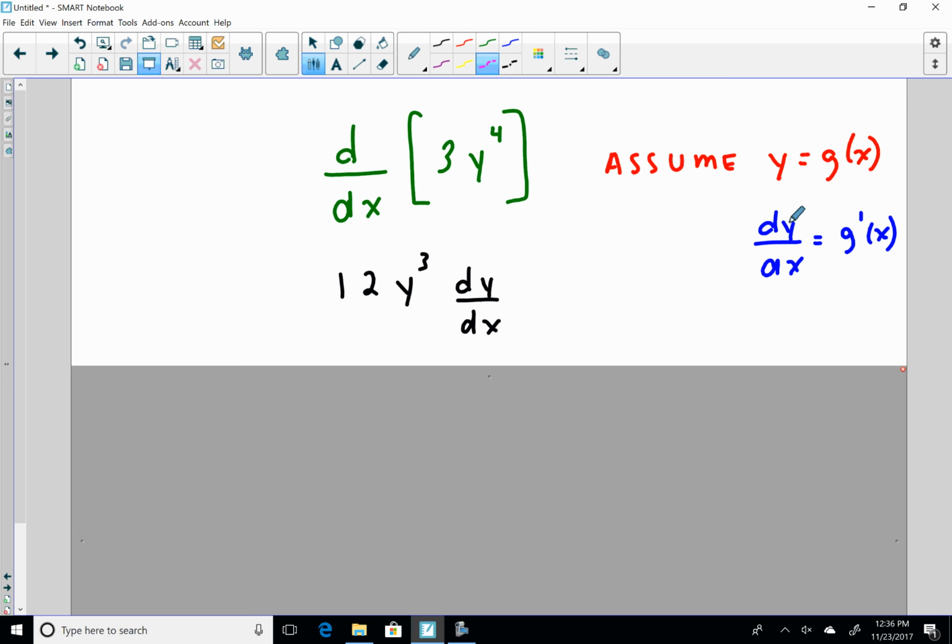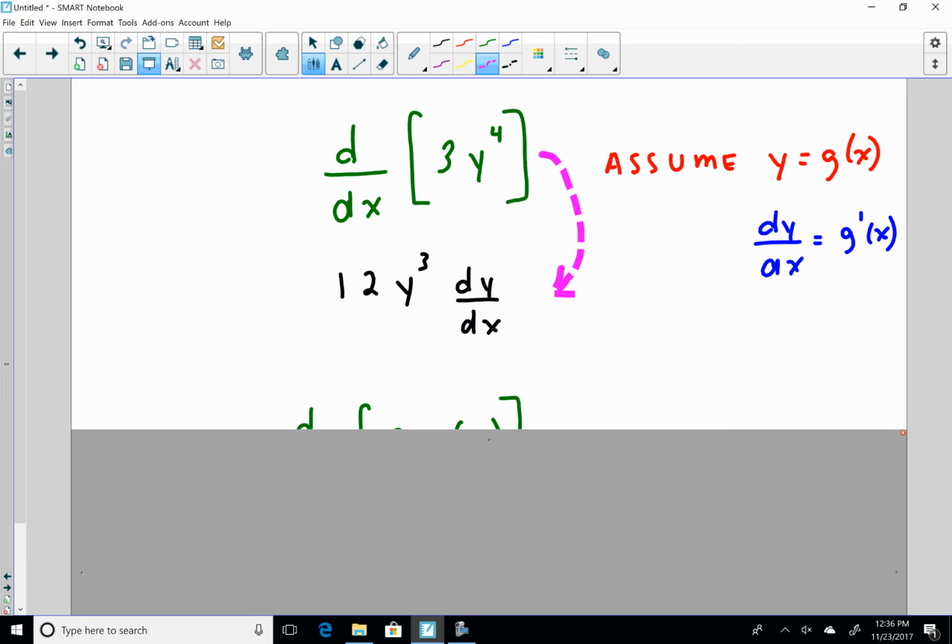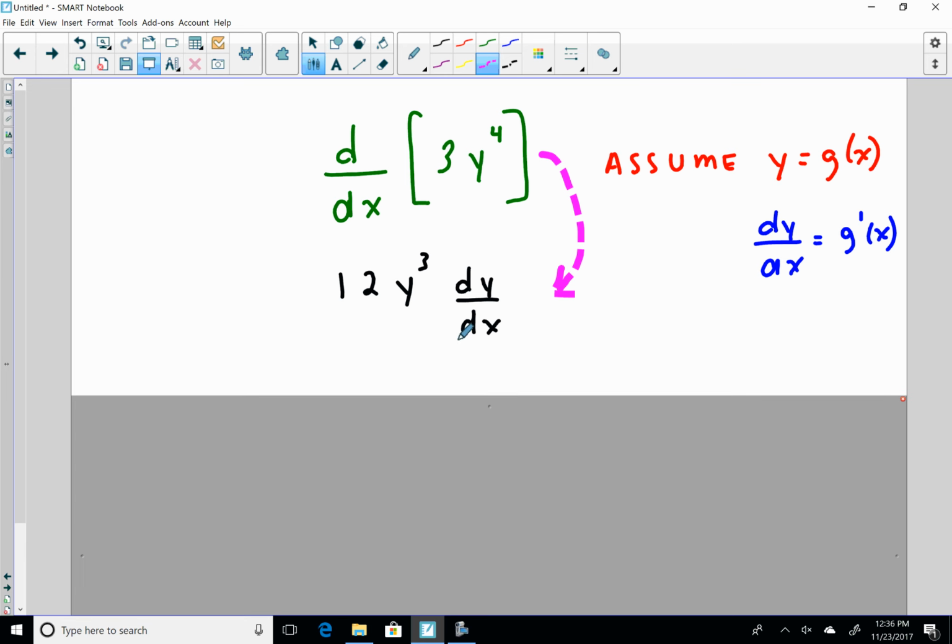If that were the case, then dy dx would be g prime of x. And I think it is, from the prior examples, fairly straightforward for us to see that if I apply the differentiation operator with respect to x on 3y to the fourth, I would get 12y cubed dy dx. The derivative of the outside at the inside, times the derivative of the inside.